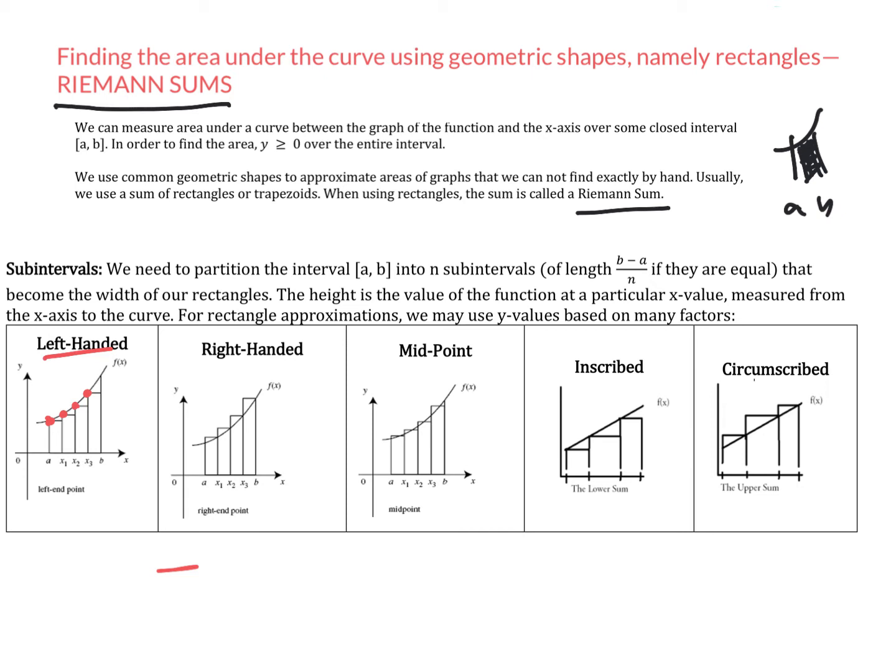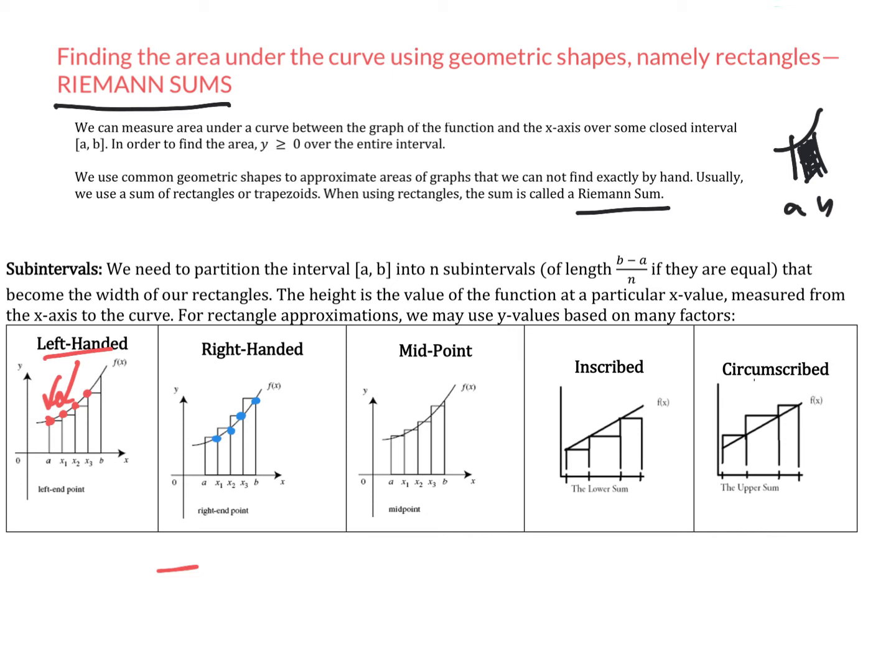So the height is determined by whatever the left-handed value of x is for that particular portion. Similarly, for the right-handed sum, instead of using the left endpoints, I'm going to use the right endpoints to determine the height of my rectangle. So left-handed versus right-handed is saying which side of the interval you are using in order to find the height of your rectangle.